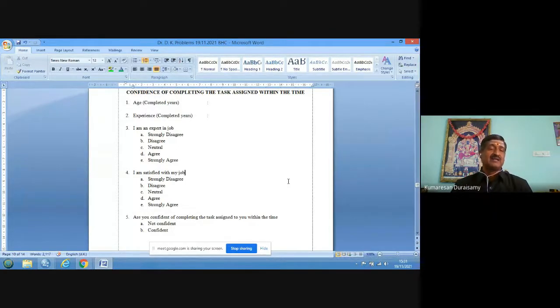Among these, two are given in scale data and two are in ordinal data. The dependent variable has two choices, ordinal or categorical, or even dichotomous, because only two choices are there: confident or not confident. That's all.